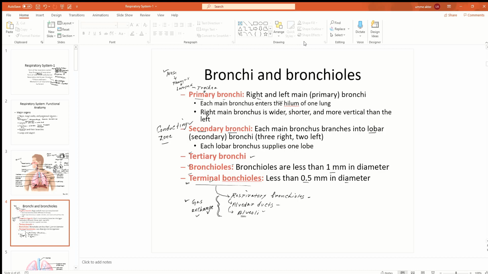Okay, so now you see we can divide the entire respiratory pathway into two parts.